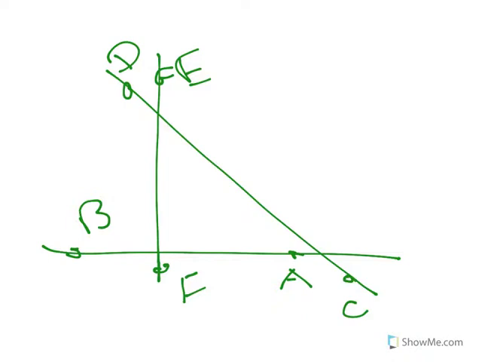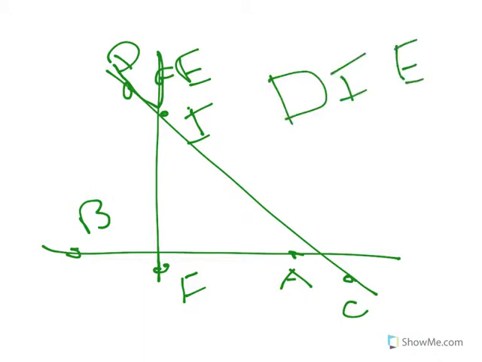Well, if you look at D, and let's say this point right here is I. If you look at D to I to E, that angle right there is smaller. So I would go D, I, E. That was a bad one. But you have an acute angle, okay?